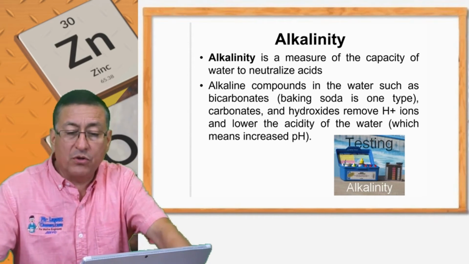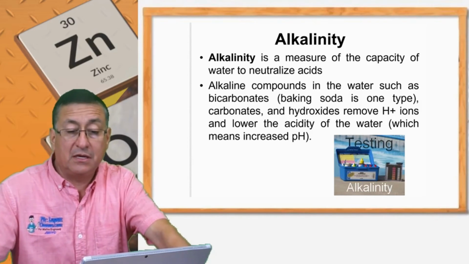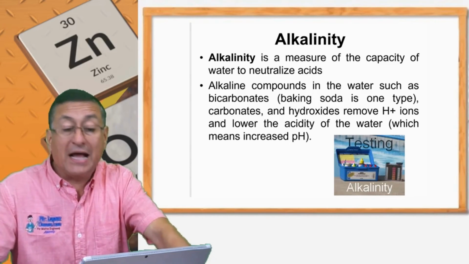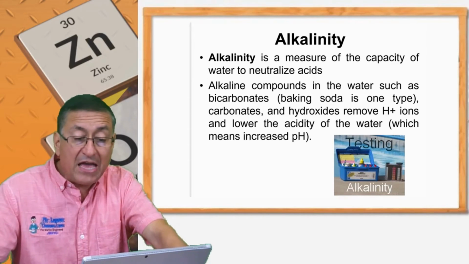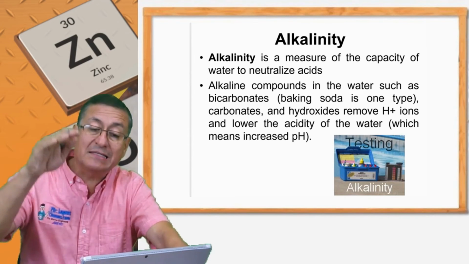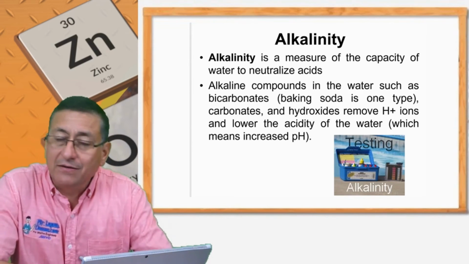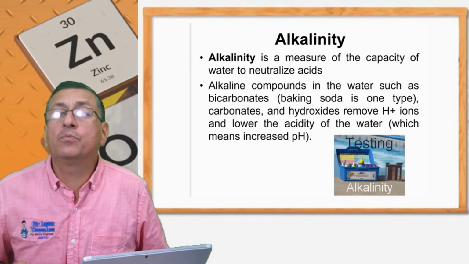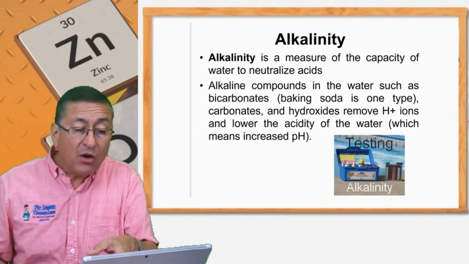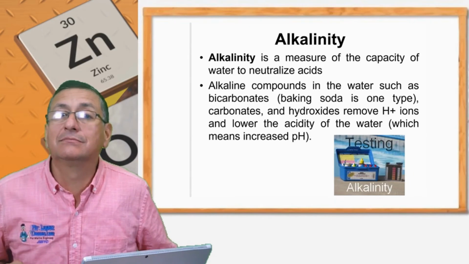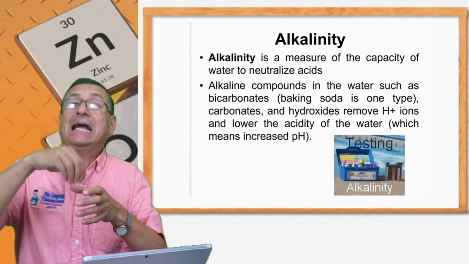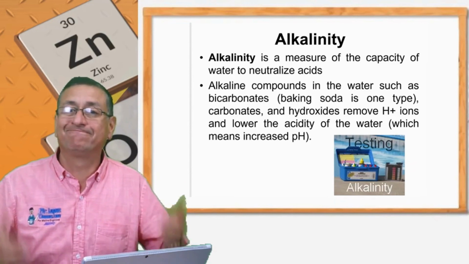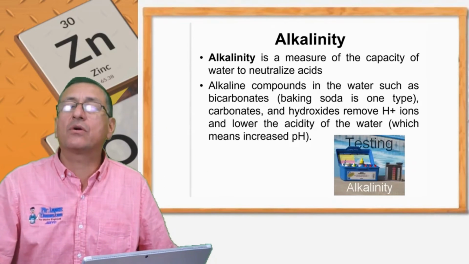Alkali compounds in the water, for example bicarbonates, baking soda is an alkali compound, and hydroxides, remove the positive ions and decrease the acidity of the water. For that reason, when you have too much acidity in your stomach, you prepare a glass of water with bicarbonate. This is an alkali solution. You drink that and you neutralize the acidity. Now you understand the reason for that.